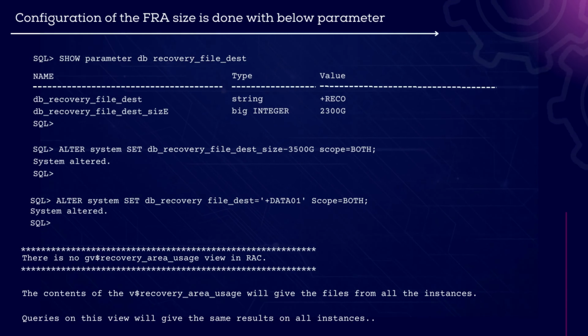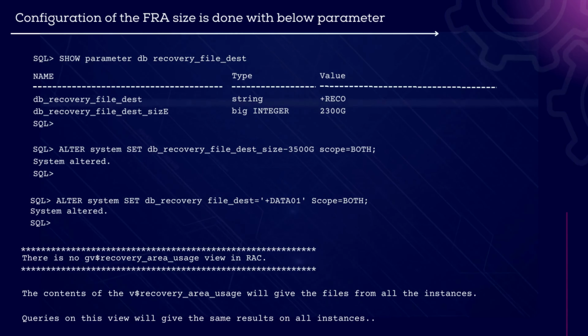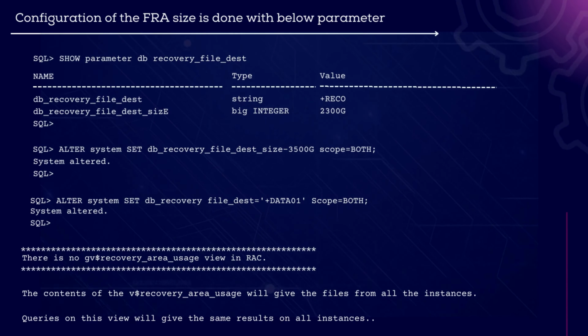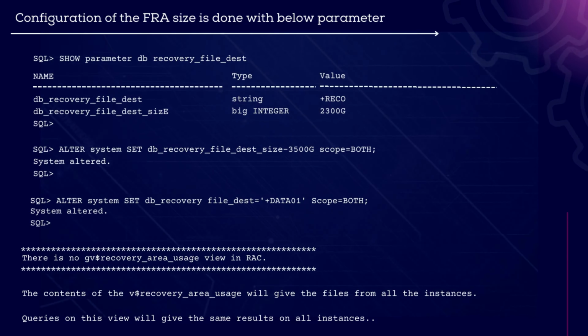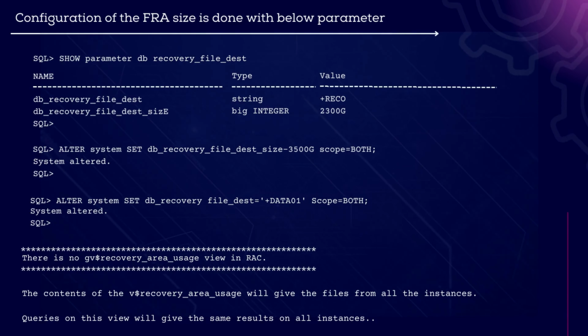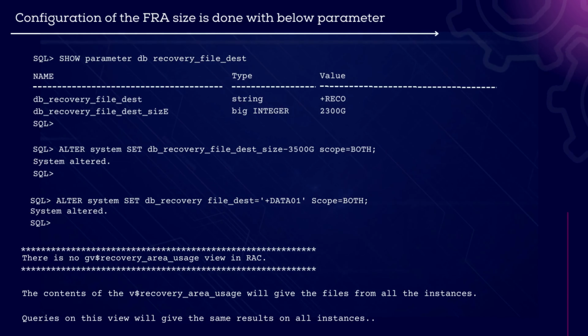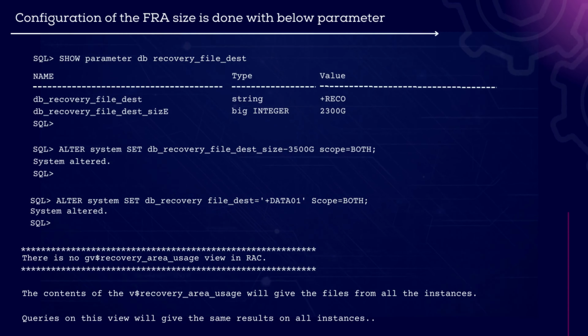Database functionality will halt. It won't create any further archivelogs. It won't switch the database log. It will halt the database operation, and there will be an outage. If we are in the production environment, we should be very careful and avoid any sort of outage in the database. That is the reason we are the administrators, right? We are managing the database in order to avoid any sort of outage and escalation.